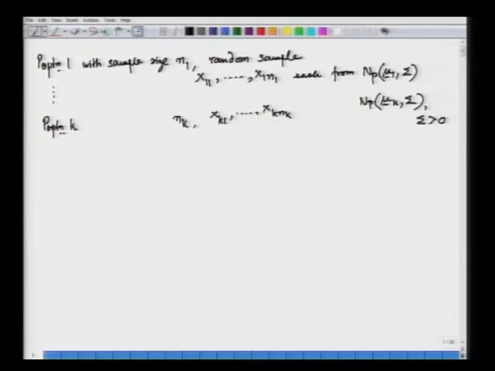So, the null hypothesis we are interested in testing is H naught: mu1 equals up to mu k. Essentially, the problem is testing for equality of k population means.